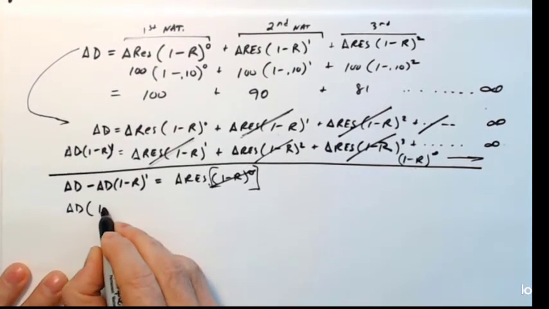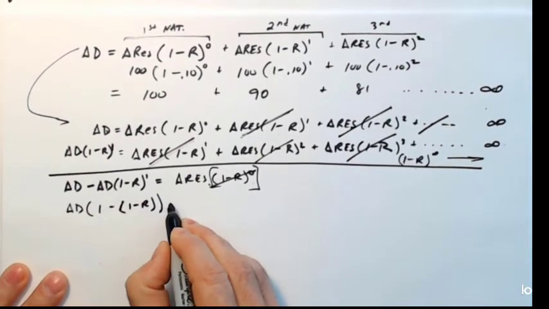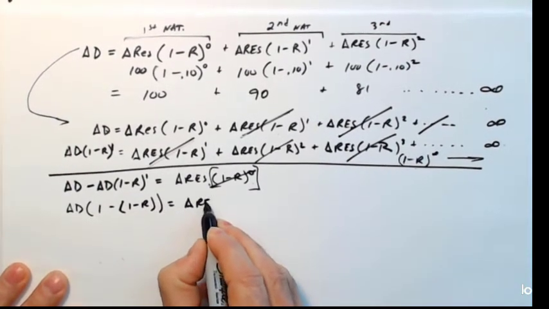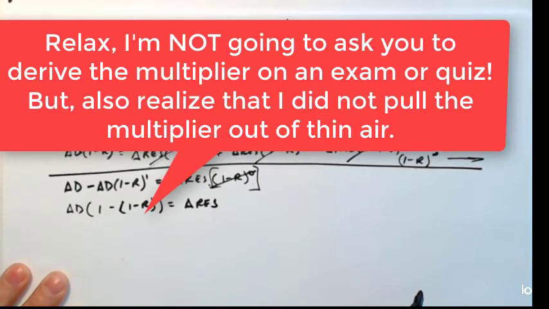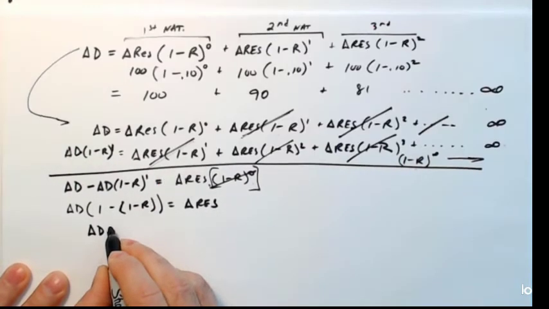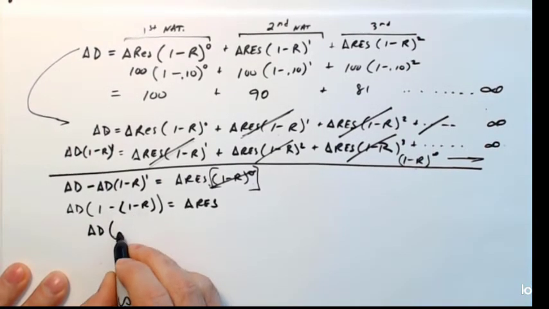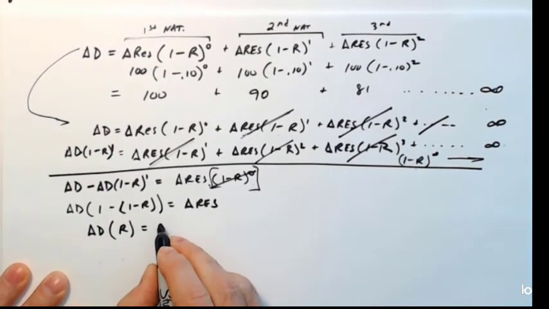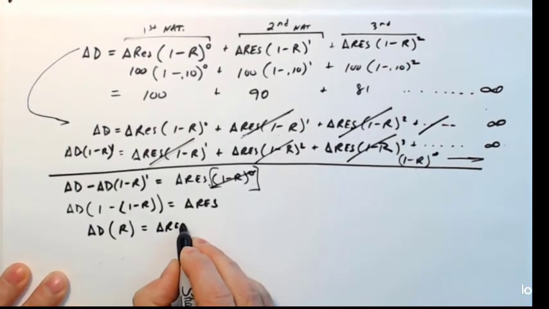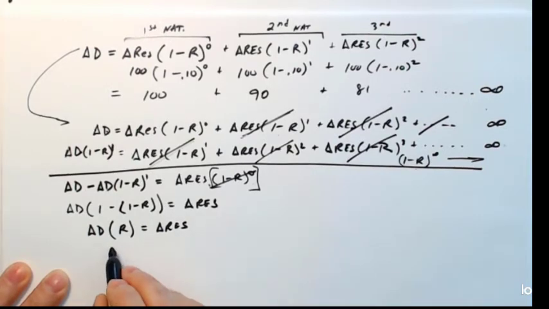Delta D times 1 minus 1 minus r equals delta res. Okay, and then what that comes down to be is delta D times r, the ones net out, this becomes r, equals delta res. Okay, and so now, what does this come out to be?